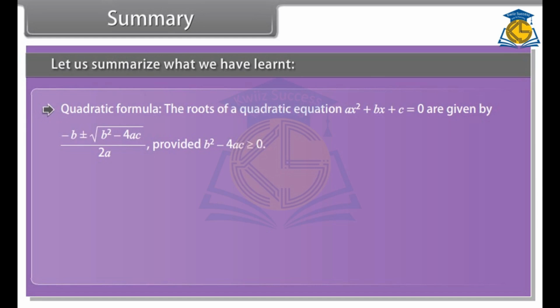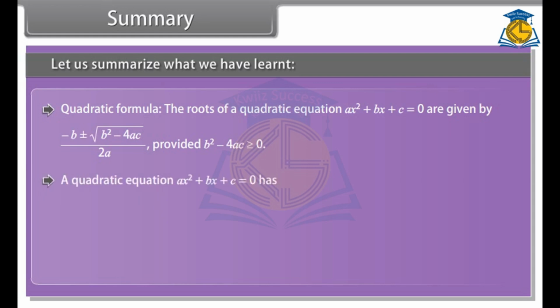Quadratic formula. The roots of a quadratic equation ax square plus bx plus c is equal to 0 are given by minus b plus minus square root b square minus 4ac whole upon 2a, provided b square minus 4ac is greater than or equal to 0.